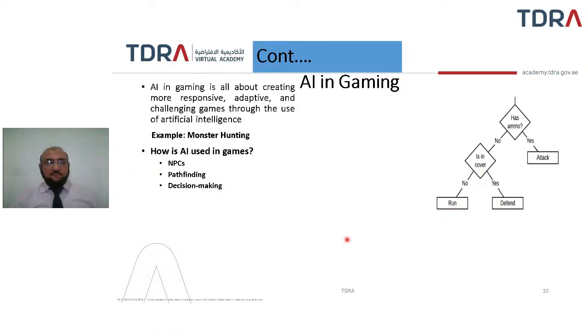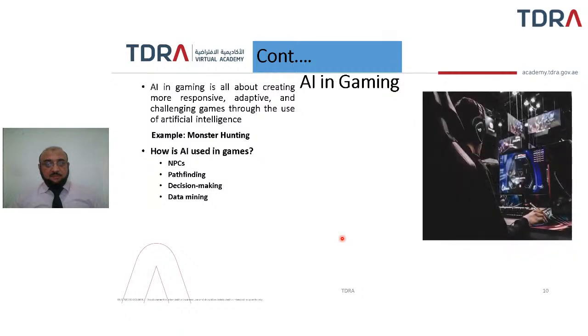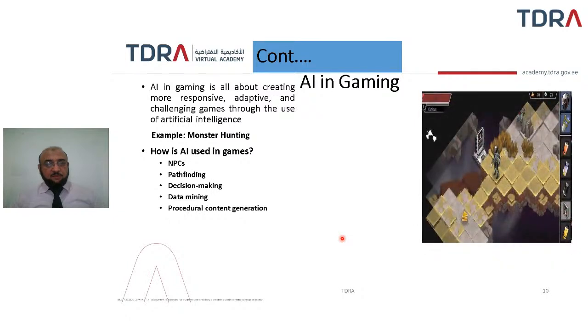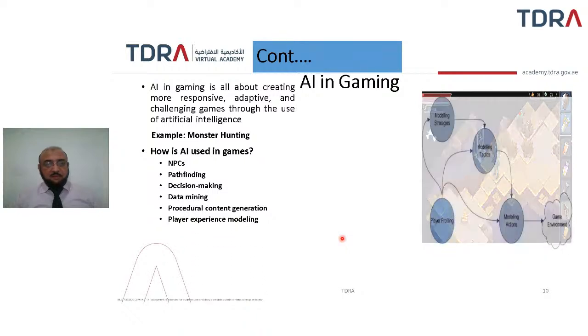If not, it will run. So decision making is also there by virtue of AI. Then data mining is there. Then procedural content generation. There are a lot of AI applications in games.